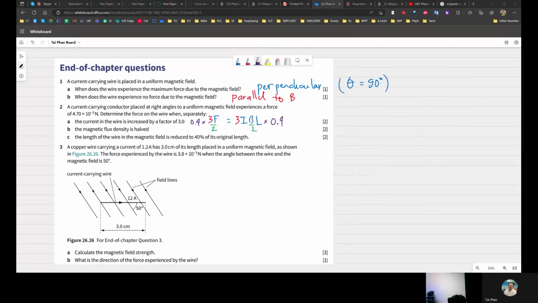So for this question, do I do 3.8 times 10 to the power of minus 3 is equal to B times 1.2 times 3 times 10 to the power of minus 2 times sine 50 degrees?